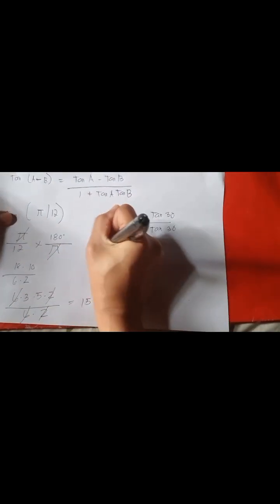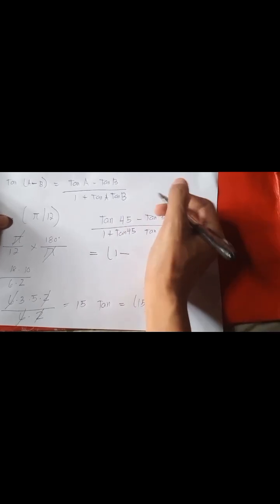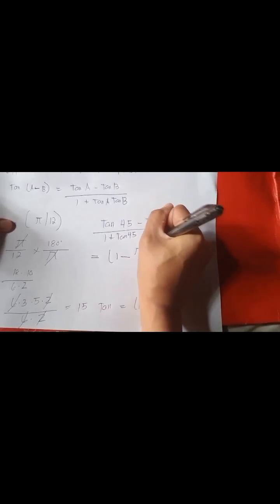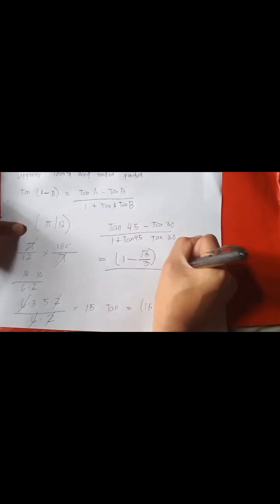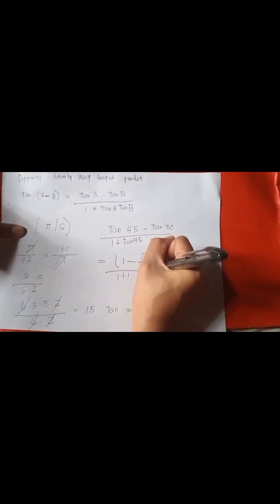So, equals to 1 minus tan 30, which is the square root of 3 over 3, over 1 plus 1 times tan 30, which is the square root of 3 over 3. So, 1 minus square root of 3 over 3 divided by 1 plus 1 times square root of 3 over 3 is a complex fraction.